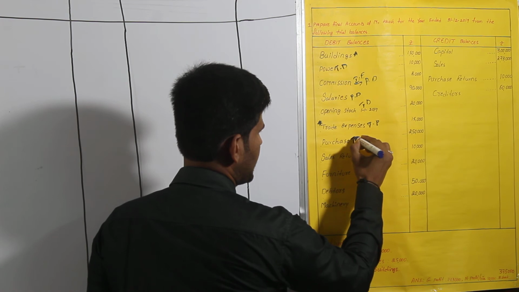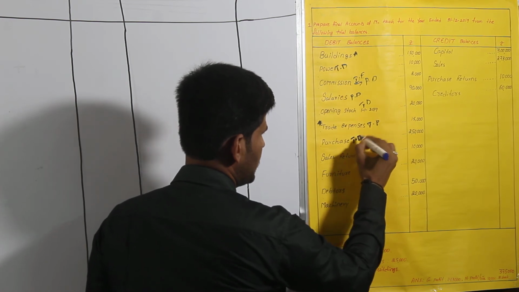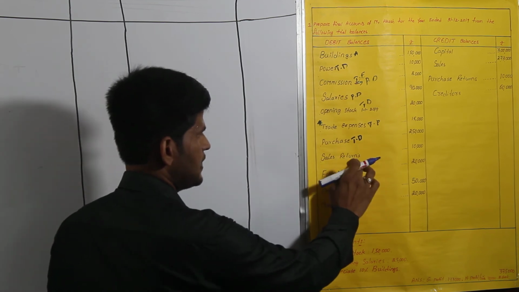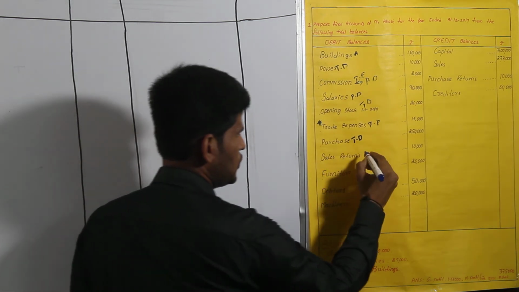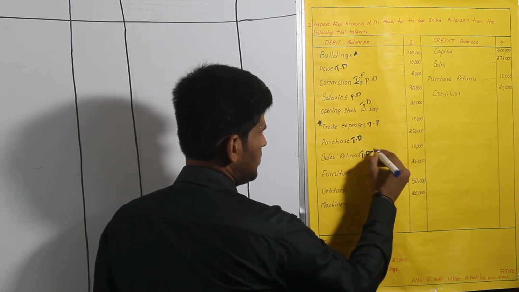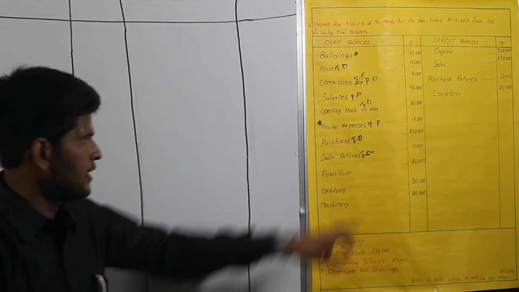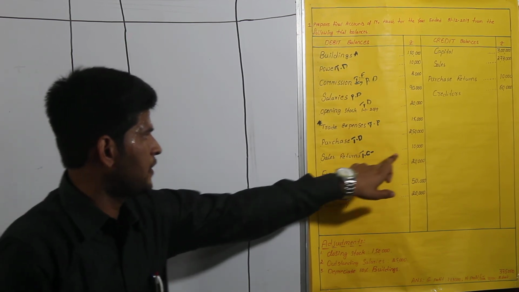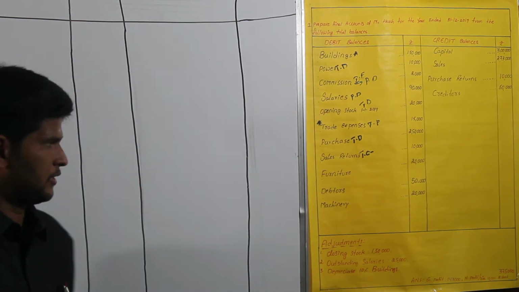Purchase is a direct expense, and it goes to the trading account, debit side. Next, sales returns. Sales returns go to the trading account, credit side, with a minus: in the credit side we subtract the 10,000.